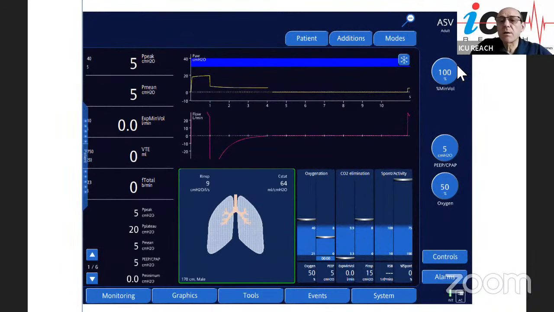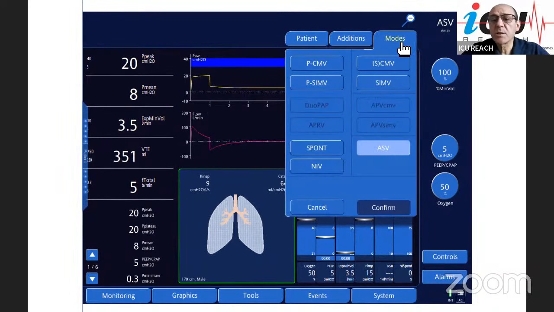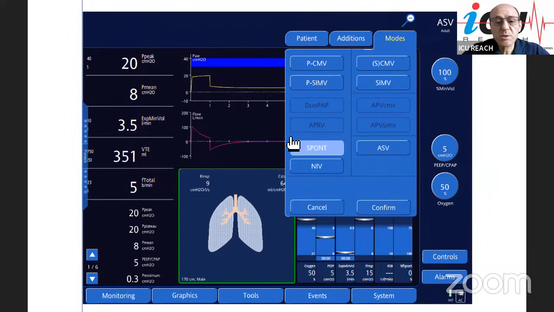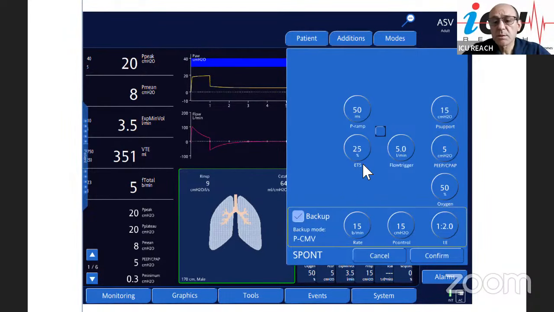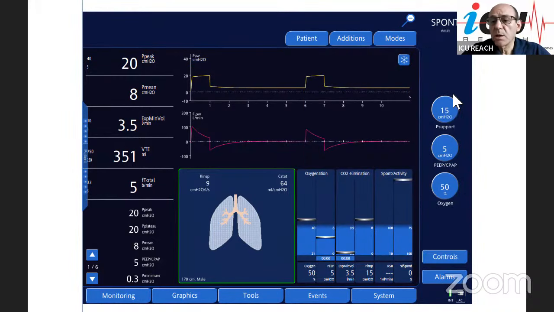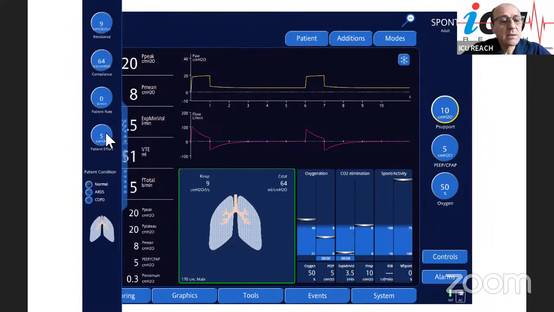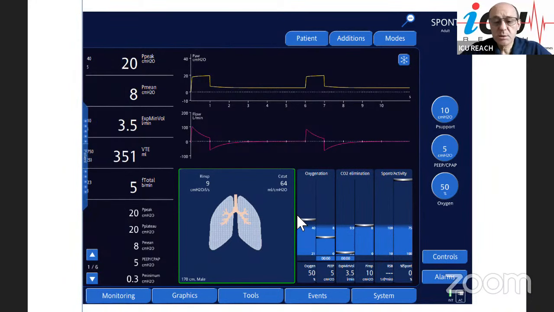So let's set it first. I'm going to change the mode to spontaneous mode, so let the patient breathe on his own. First, let's just give him pressure support of 10. And I'm going to give him some strength, and see what happens here.